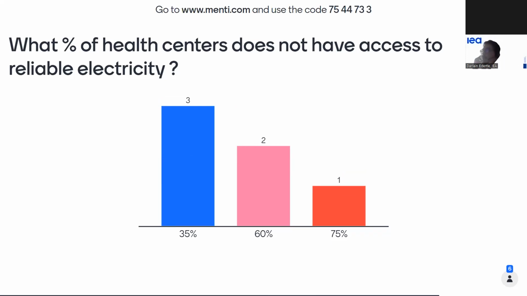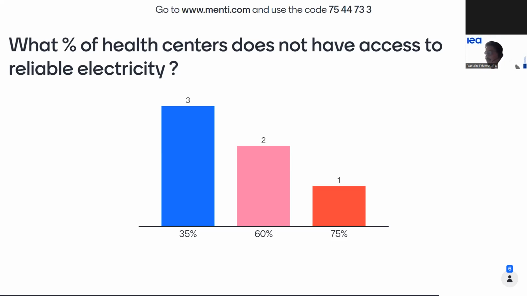This is because we all know the benefits of having health centers with reliable access to electricity. And it's really important to guarantee that these social services have access to electricity, ideally 24/7, so for the entire day and during the week and during the year, because of the service they provide to the community they refer to.